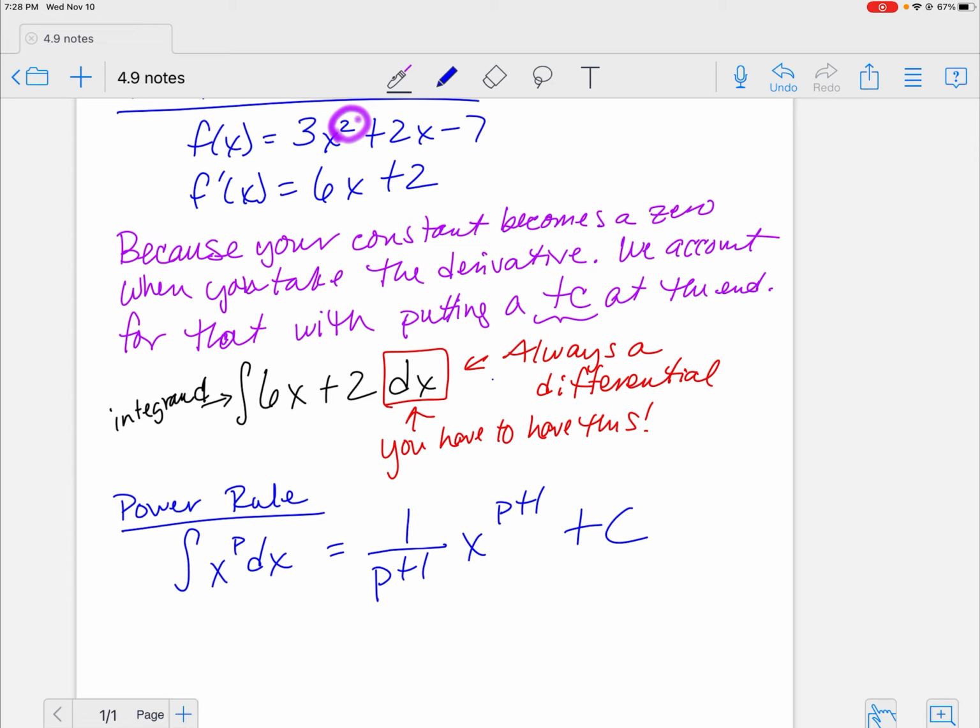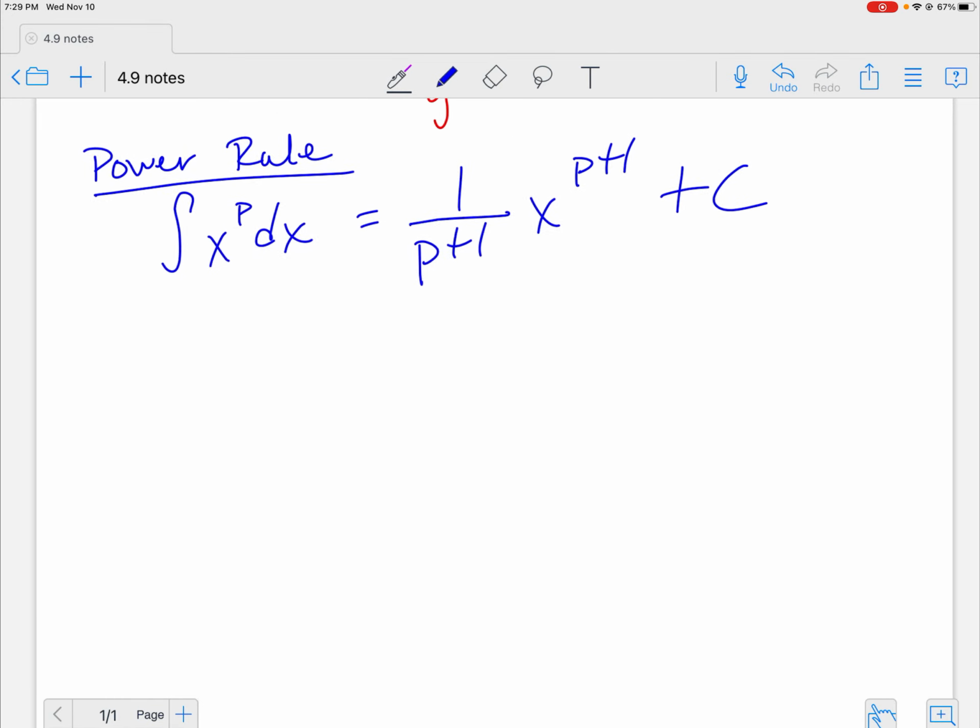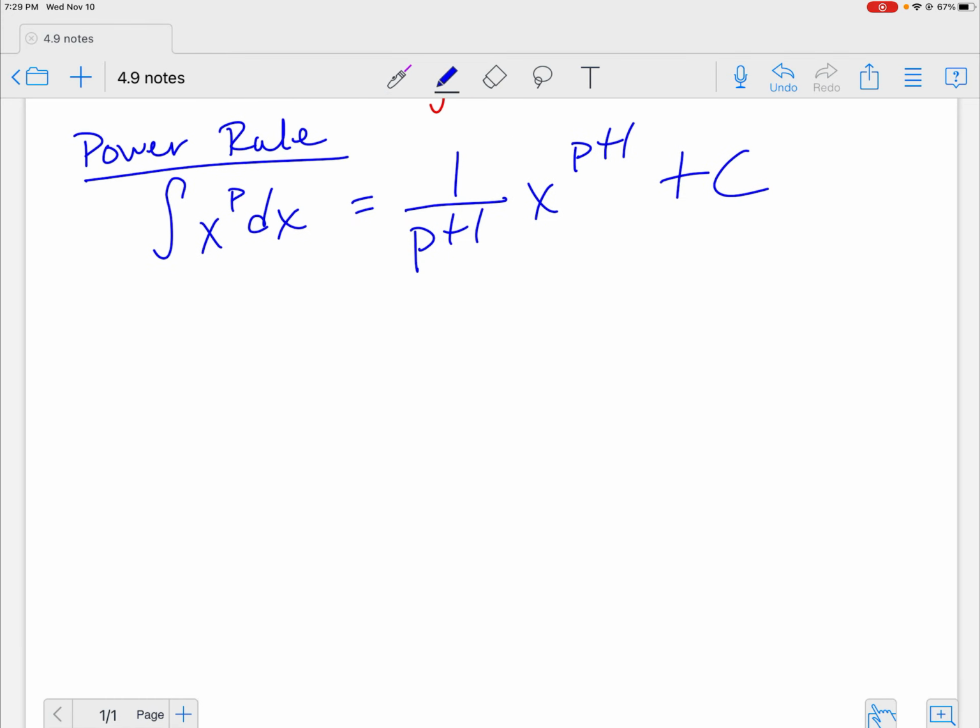Instead of taking this and multiplying it in front, I'm going to take it and divide by that. All right? So everything that is opposite, that's what we're doing here. Okay, and we're going to practice these enough. Just like you did with your derivatives at the very beginning, you had to practice those to get good at it. We're going to practice these, and we'll get good at it.